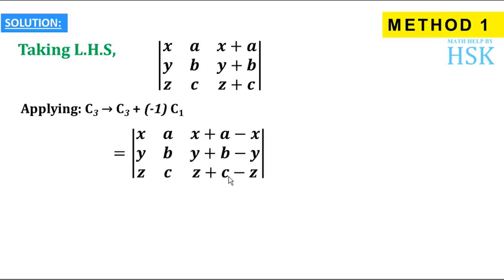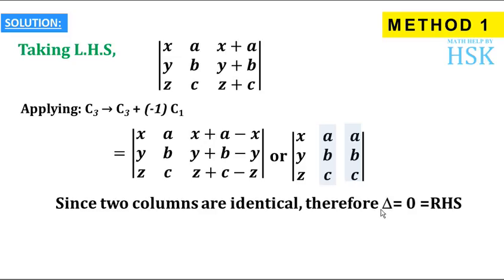So I get the determinant like this. Here x, x, y, y, z, z cancel out. Two columns are identical. When two columns are identical in any determinant, the value of the determinant is equal to 0. Therefore, this determinant is equal to 0, which is equal to RHS, which proves the given equation.